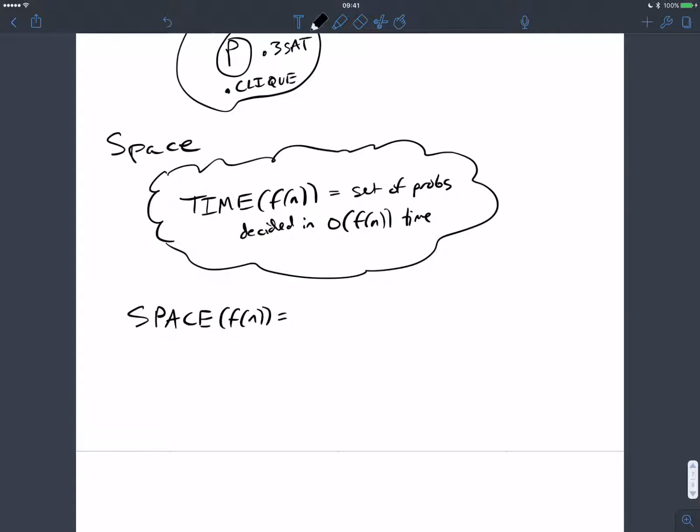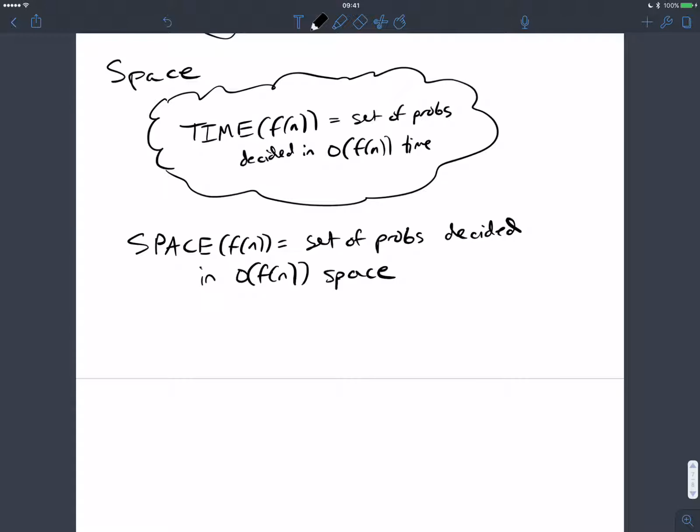So it's the maximum. If we think of O of f of n, that's the maximum used on all inputs of size n. So this is the set of problems decided in O of f of n space for all inputs of size n.